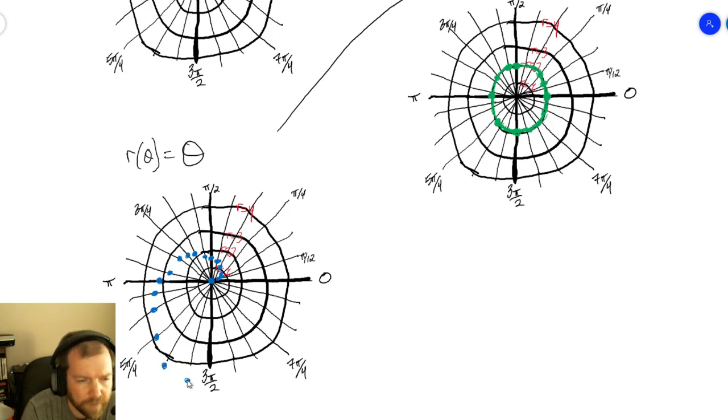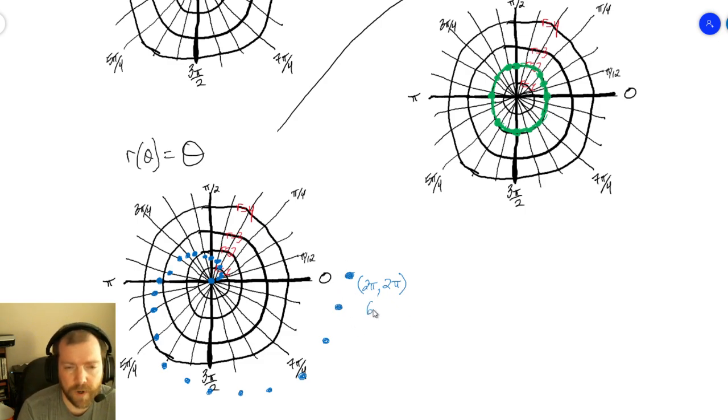I mean, I'm just going to fill in very approximately where the rest of them are. Four, 5, 6, yeah, give or take. This is going to be at 2 pi, comma 2 pi. And again, 2 pi is very approximately 6.28.